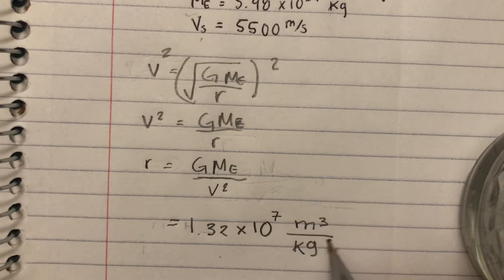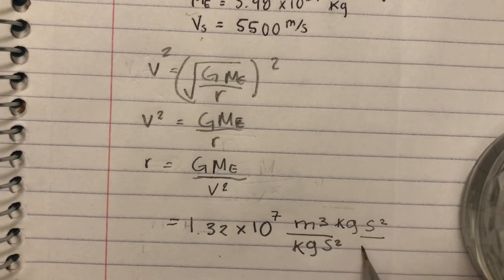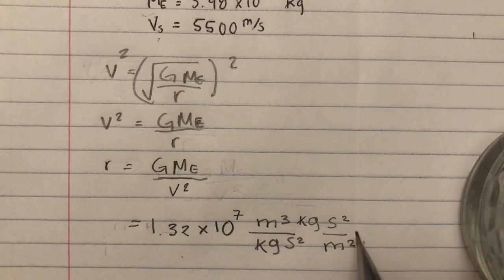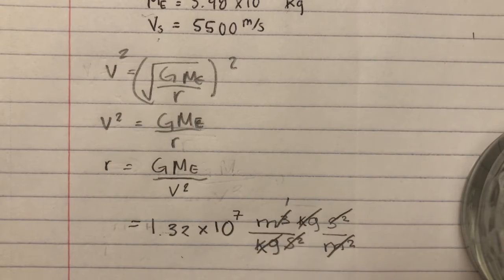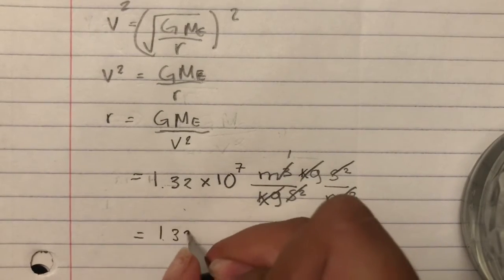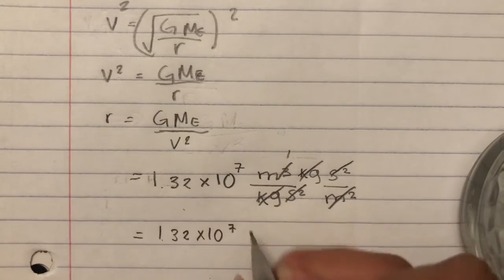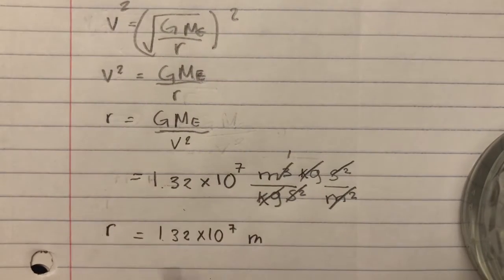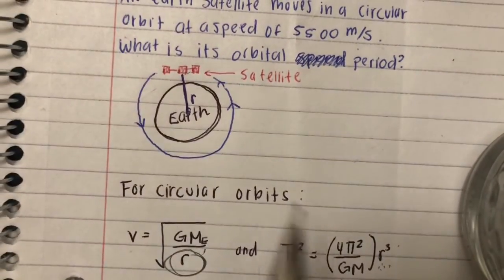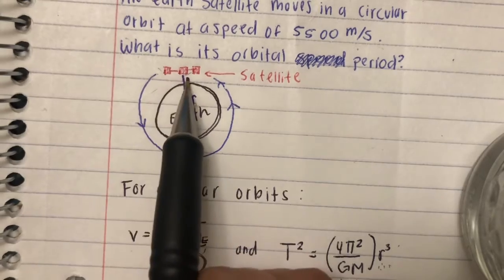I'm just going to eliminate everything in the end. So if you cancel things out here, you are left with 1.32 times 10 to the 7 meters. So that is our radius. That's the radius from the center of the Earth to the satellite.